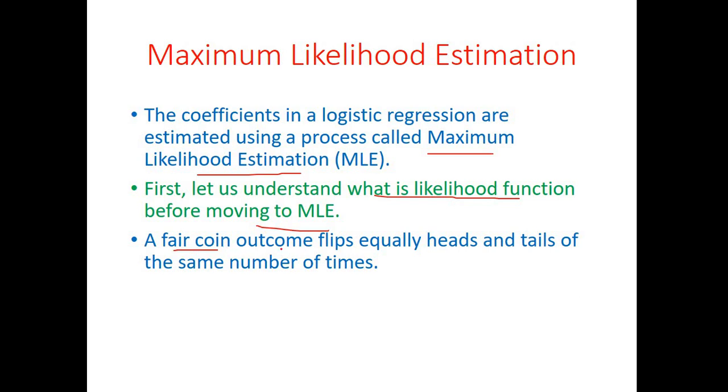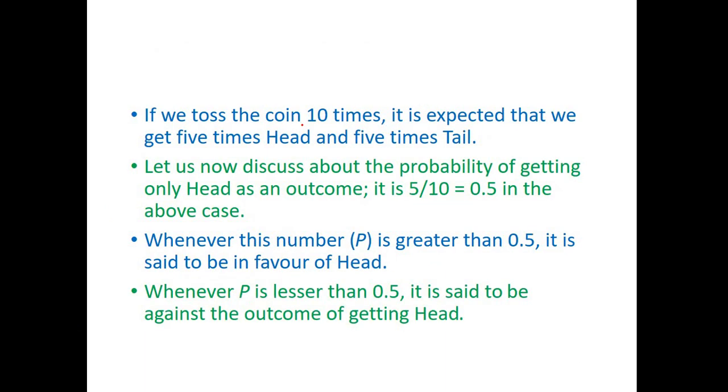A fair coin outcome will have an equal number of heads and tails over the same number of tosses. Consider an example: we toss a coin 10 times. There is a possibility of 5 heads and 5 tails. This is said to be a fair coin. So an equal number of heads and tails will be the outcome.